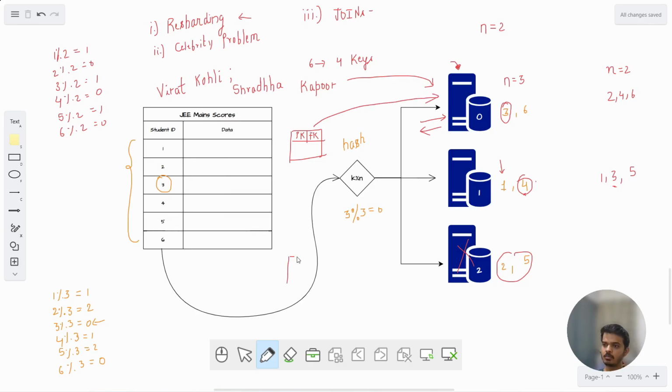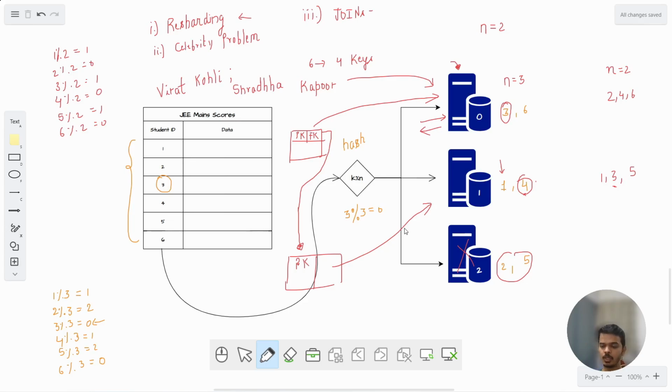But you have another table with a primary key here, and the foreign key from the first table is referring to the primary key of this table, but this table is present on server number 1. In that case, how will you check the referential integrity constraints? Okay, this is one more problem. So joining and referential integrity constraints would pose a severe problem in the case of relational databases.